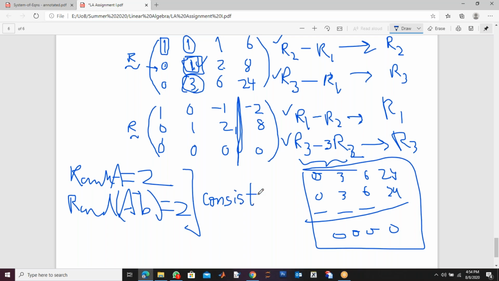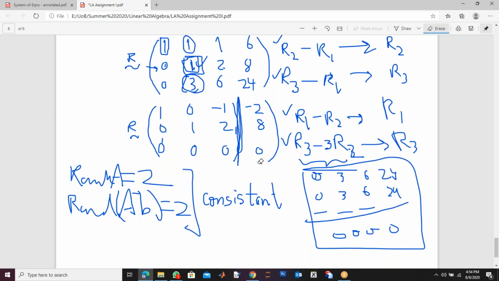If the rank of AB is bigger than the rank of A, let's say it is 1 here, then the rank of the whole matrix is 3. The number of non-zero rows in the whole matrix is 3, but the number of non-zero rows in my A is 2. So it will be inconsistent.